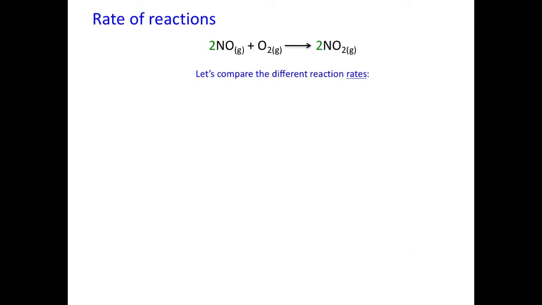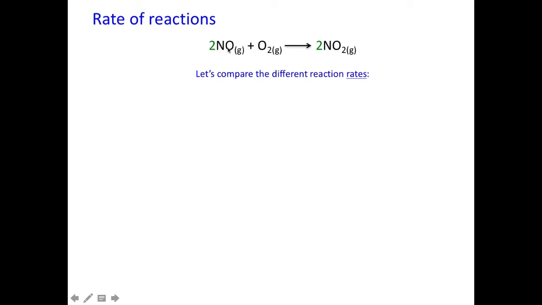Now, rate of reactions. Let's compare the different reaction rates. Here we have 2 moles of nitrogen oxide reacting with 1 mole of oxygen gas, giving 2 moles of nitrogen dioxide.